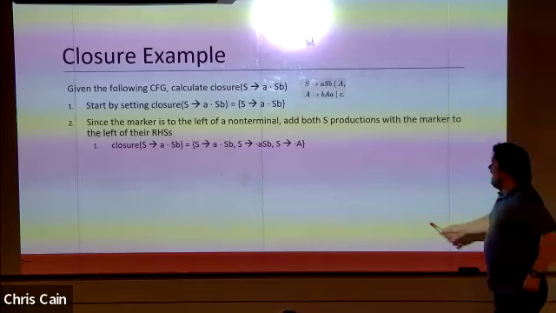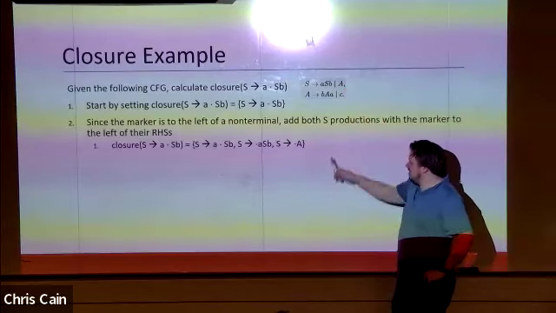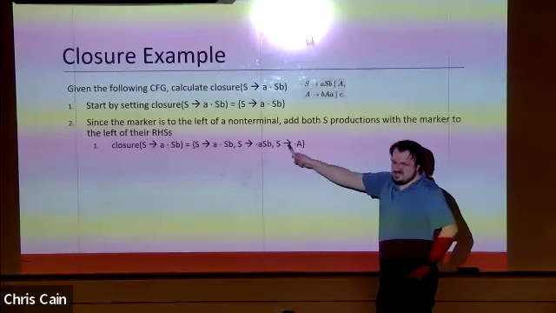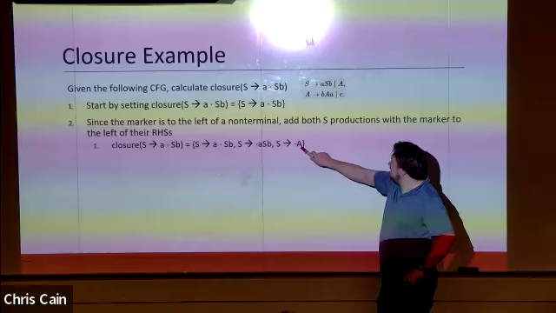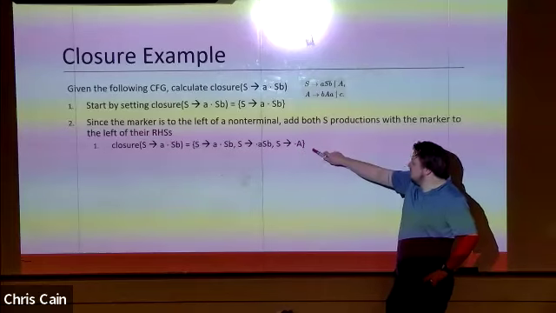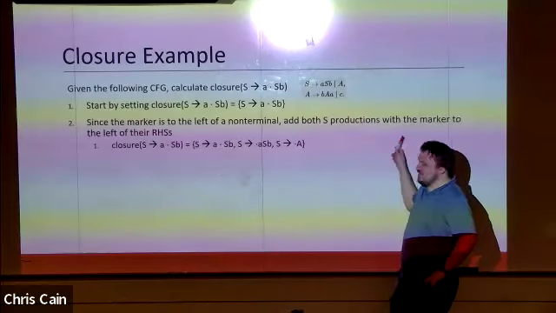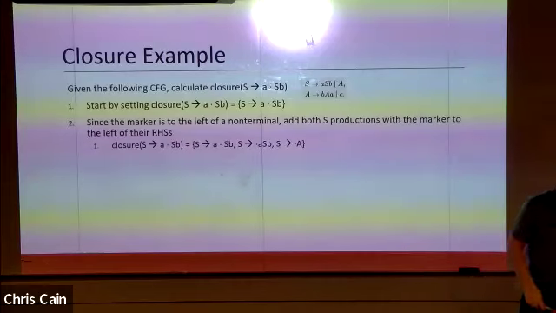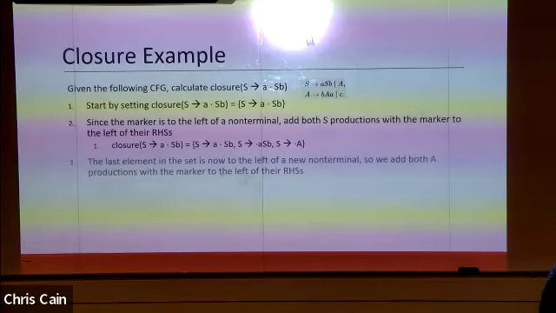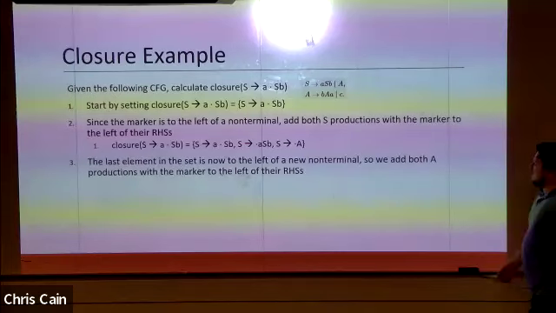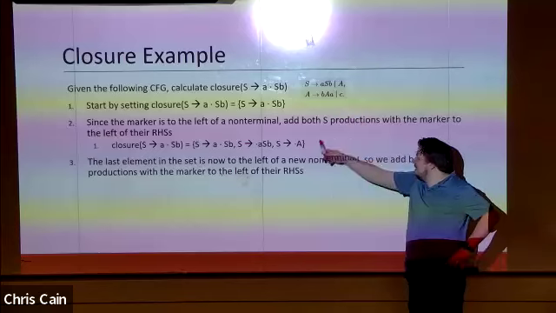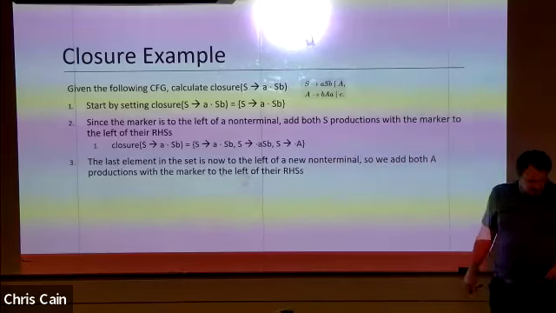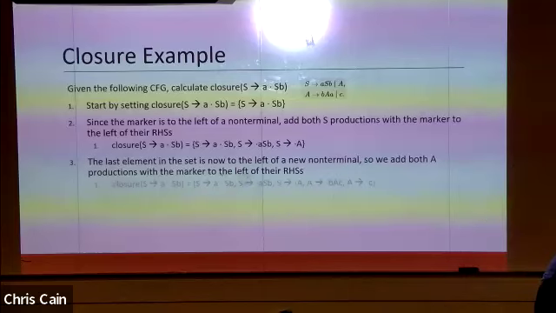Because we have S arrow something that starts with a non-terminal, we end up with S arrow dot A. So now we need to expand this and find all of the possibilities that A could become, given the next terminal that we could be looking for in our string. So we now add every A production with, again, the dot on the left of all of those productions. So we get a couple more elements.